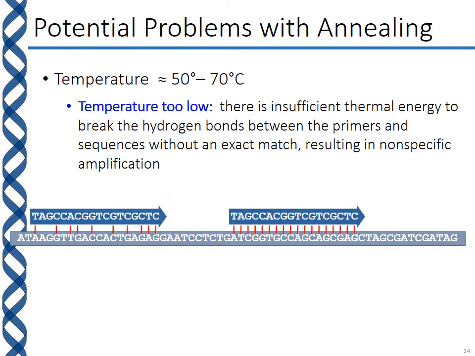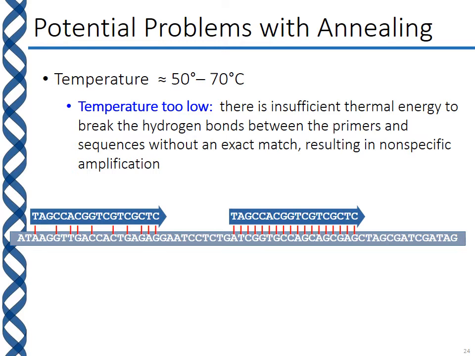So now let's take a look at that in the potential problems format that we saw earlier. Typically we use a temperature of between 50 and 70 degrees for the annealing step, that is dependent on what your DNA sequence for the primers is.